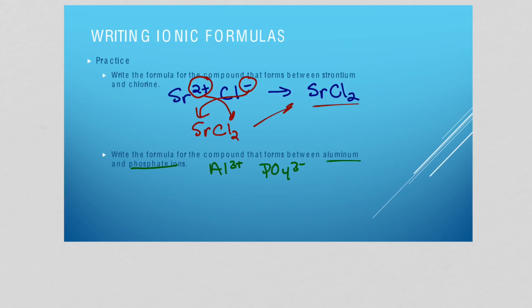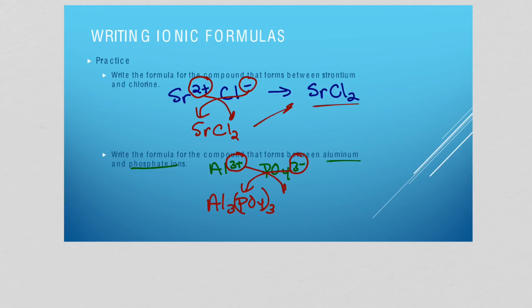If you do use this trick, where you pull these down, you might initially write Al3 PO4 3. Now, we don't want to leave it this way.